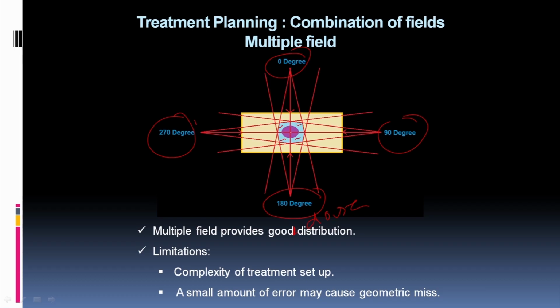This is the isocenter, this is an SAD type of technique, where we fix this distance, and a small amount of error may cause a geometric miss. If we miss the tumor, this is a serious issue in the treatment of cancer patients. We will fail our treatment if we miss the target.